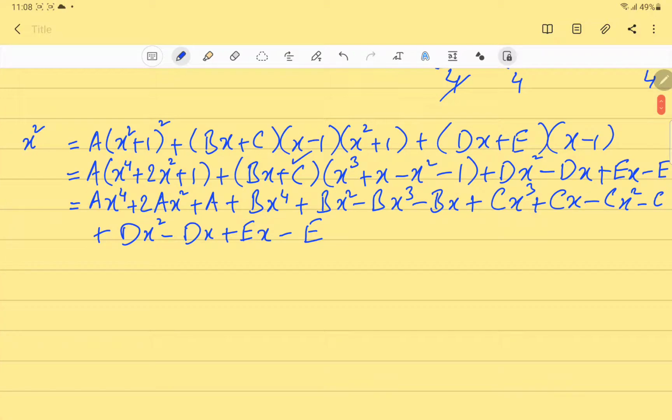Now we will combine the terms which are having the same degree of x. So first of all it will be ax4 plus bx4. Then we look for the cube values, which is minus bx cubed plus cx cubed. Now we'll look for the square values.